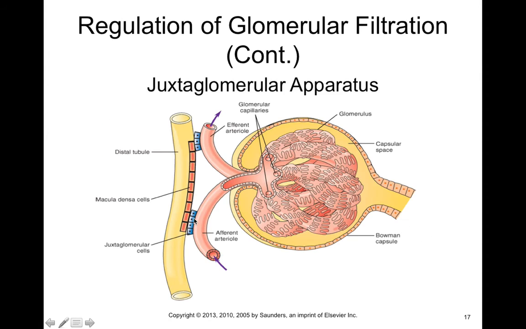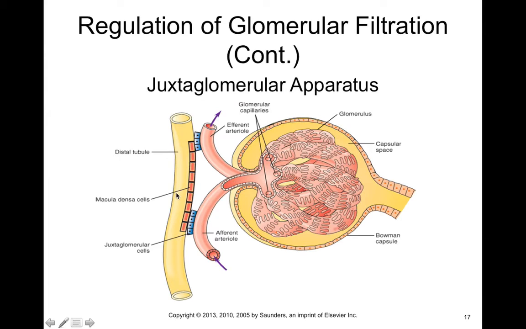And so what we see here is that in this juxtaglomerular apparatus, which you find near the association of the glomerulus and distal convoluted tubule, the distal convoluted tubule comes back near the glomerulus. Remember, the distal convoluted tubule is near the end of the nephron.